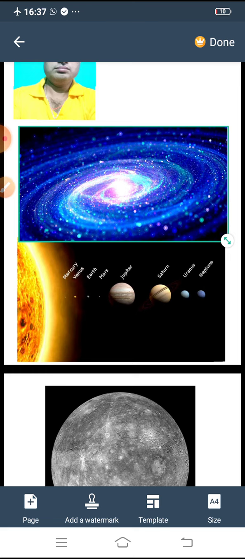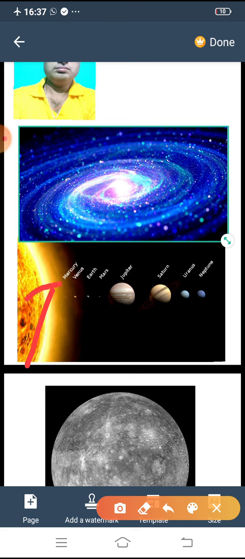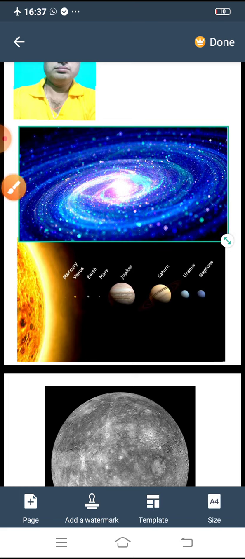Then we should learn about the Sun. The Sun is the only source of energy in the solar system. It derives its energy from a nuclear reaction in its core. It is the closest star to the Earth, about 149.6 million kilometers away.